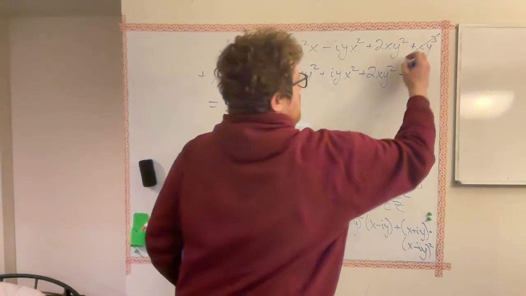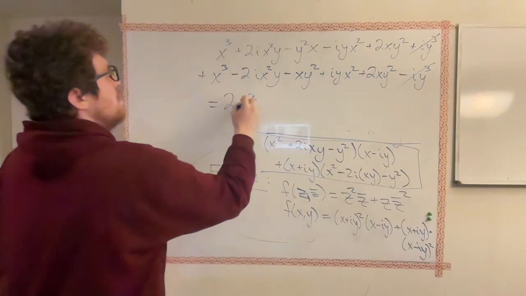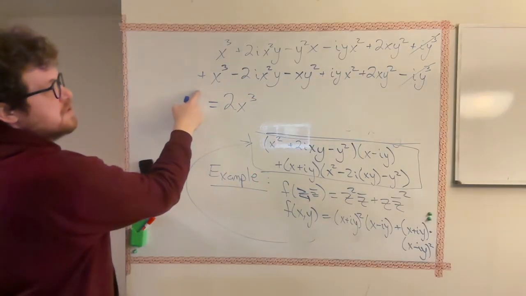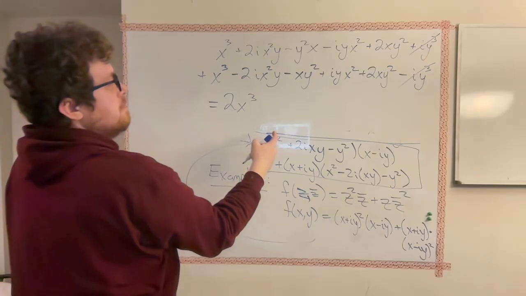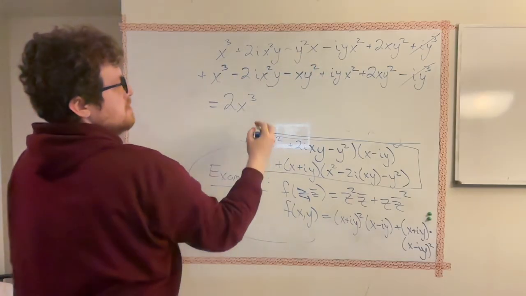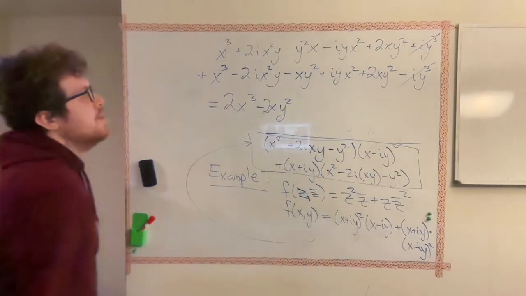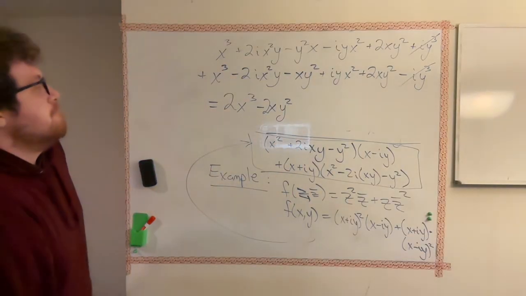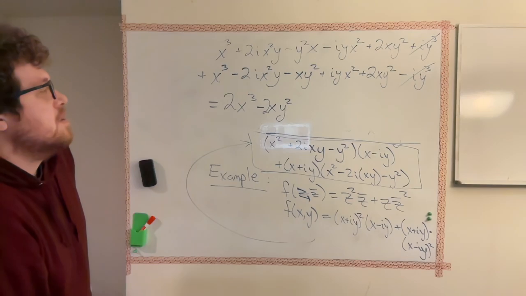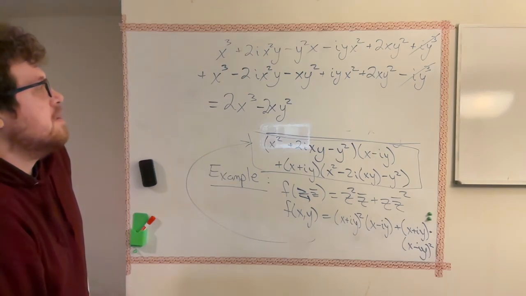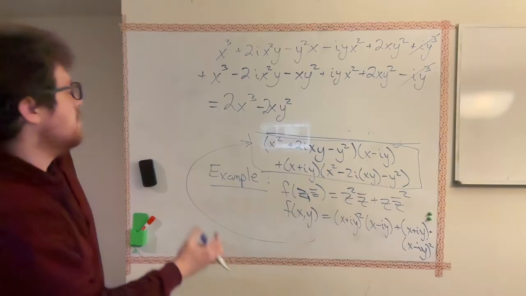So we get 2x cubed. Let me just get all the real part in the front. So there's 2x cubed. There's 2 minus y squared x's, so minus x y squared, 2 of them. What else? Okay, so plus 2xy squared. Oh, wait, what? There's 4 of them. So there's minus 2 of them, plus 4 of them. So there's actually just plus 2 of them.